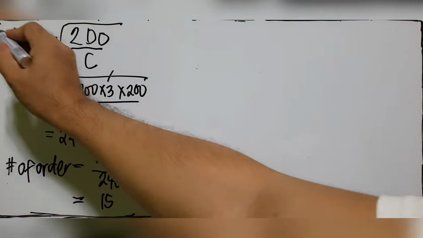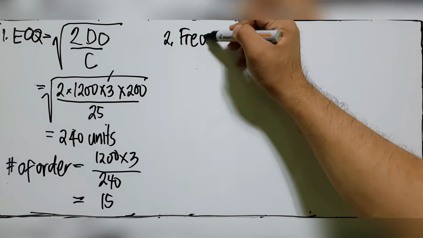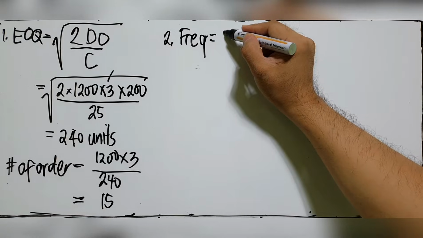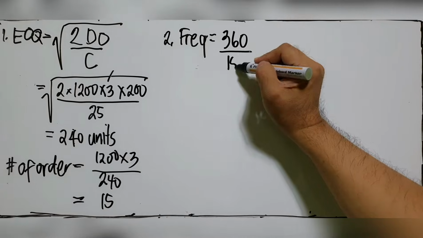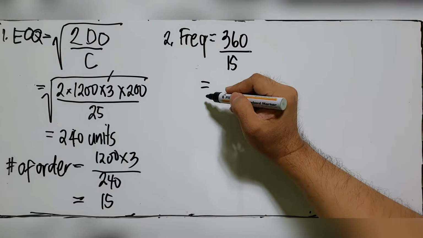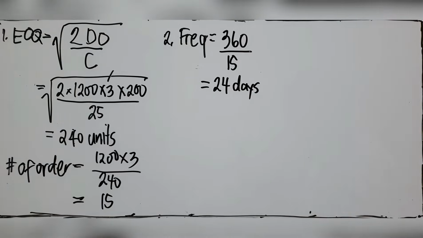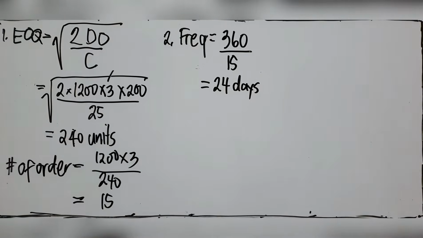And to answer number 2, ito po yung number 1 natin. So to answer number 2, we are asked for the frequency. So that would be, we are going to assume 360 days over the number of orders na 15. So the answer is 24 days. What does it mean? If we are going to place an order now, after 24 days, we are going to order another 240 units. So that is the frequency in terms of days.